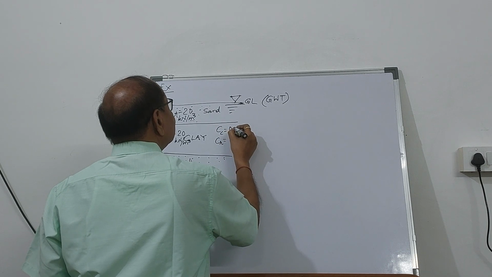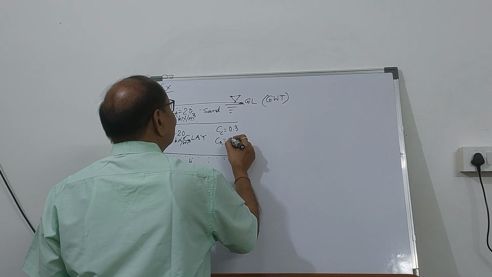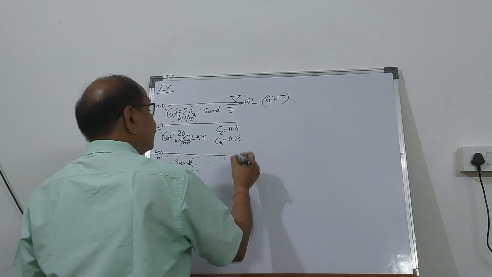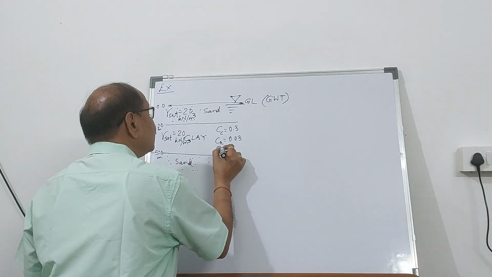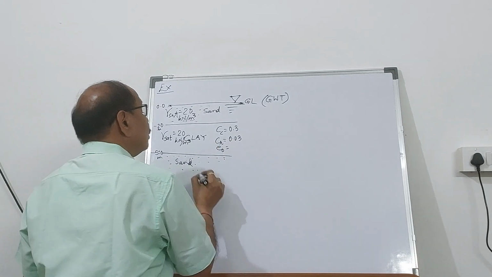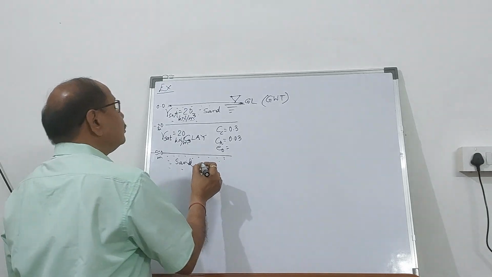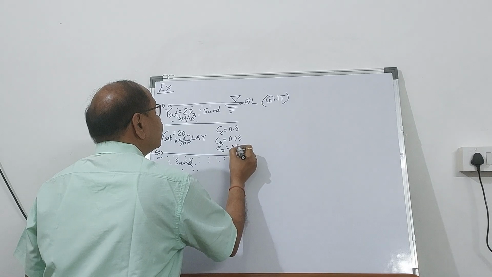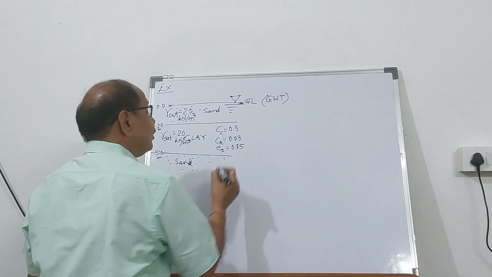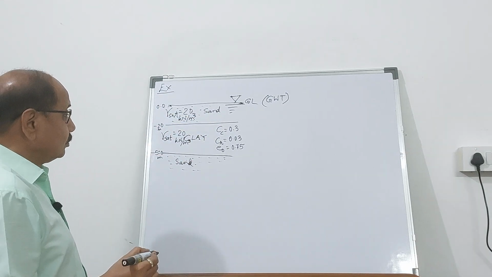The value of Cc is 0.3 and the value of recompression index is 0.03, 10% of this value. And the initial void ratio e naught is 0.75. So these are the informations.